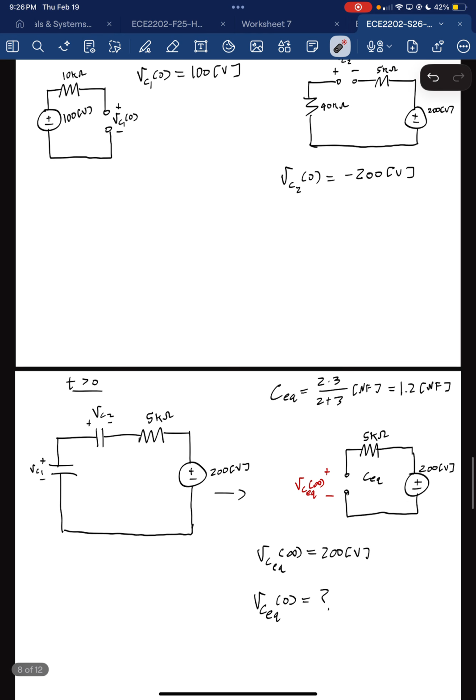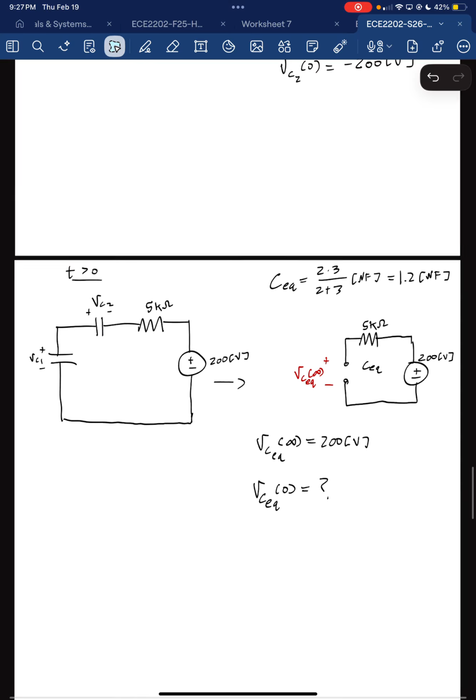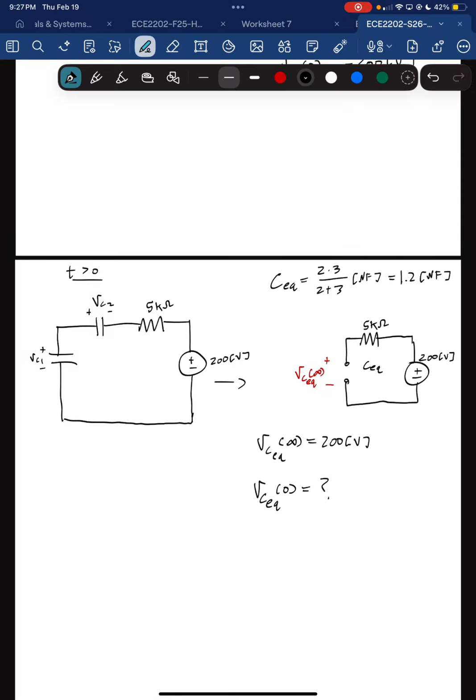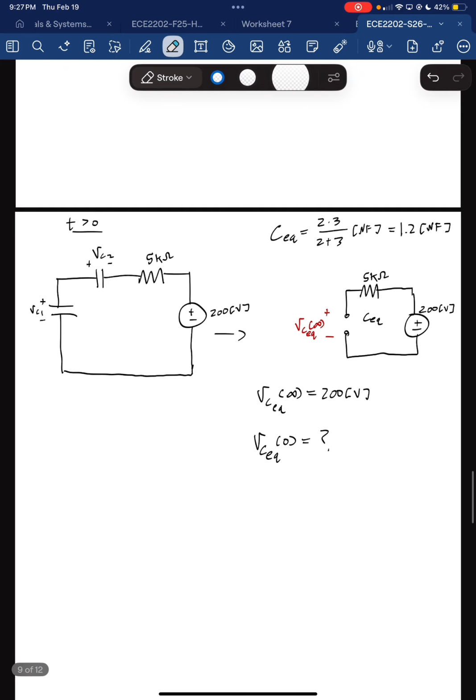So we need to keep this polarity, which means we can take VC1 of 0 and subtract VC2 of 0, because both polarities are facing the same way, like plus plus. You would subtract VC2 of 0 from VC1 of 0 because VC1 of 0 has the same polarity as this new C equivalent that we have defined. So in order to keep this polarity, we treat this as a positive and treat VC2 as a negative.